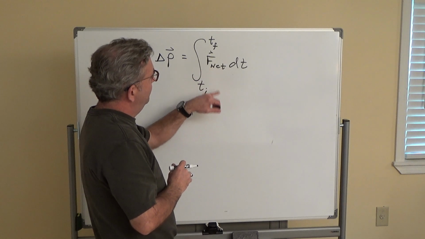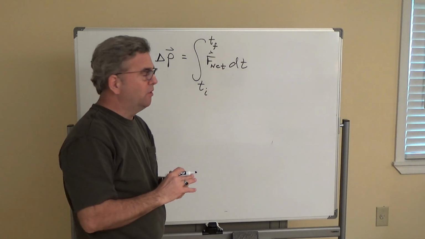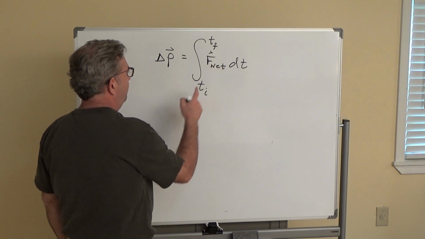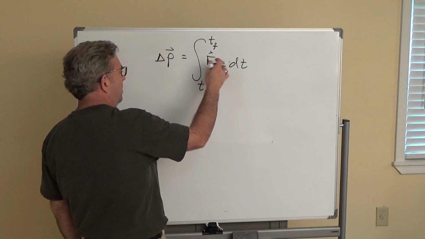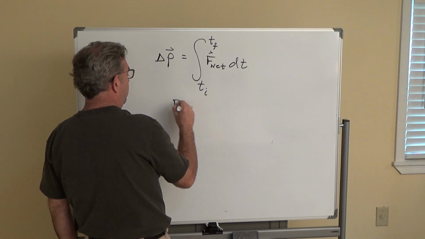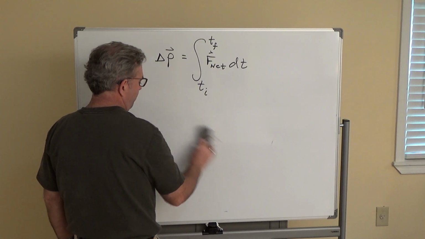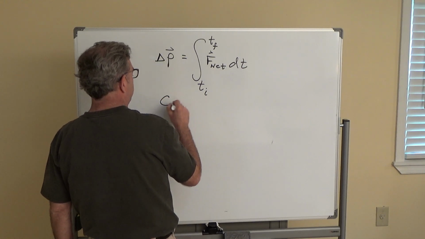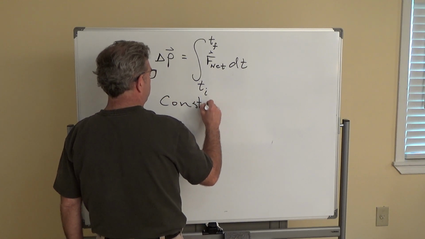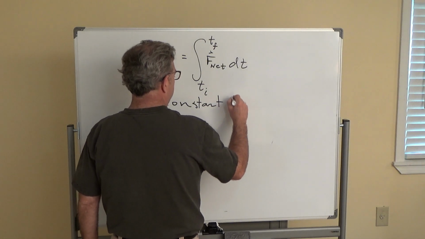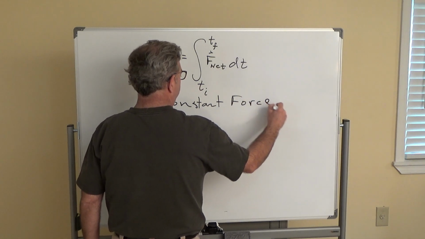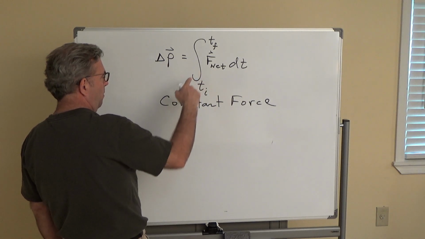I can make this simpler. I know I wrote it as an integral, but I can make this simpler if this force, and I'm going to drop the net, is a constant force, so I can pull that out of the integral.